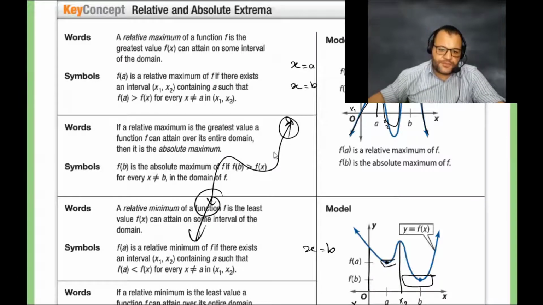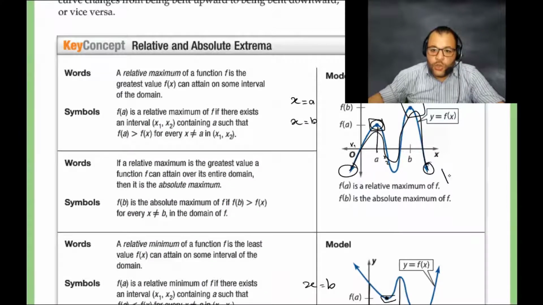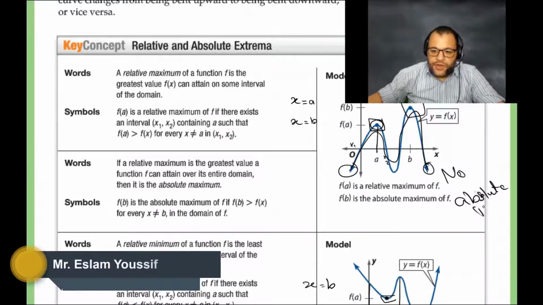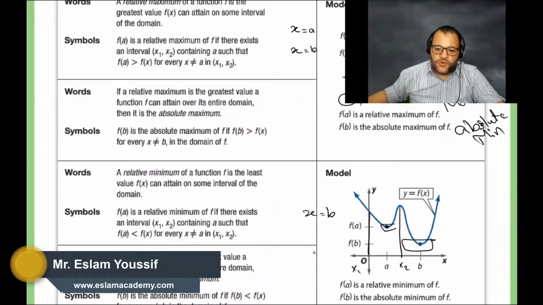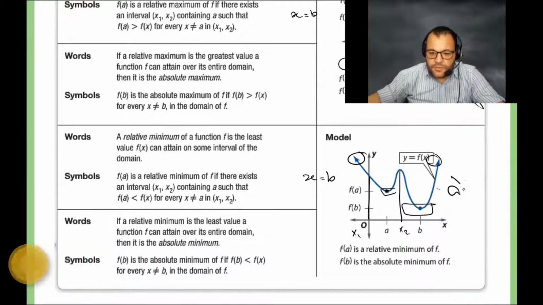Again, for the first graph here, the two end behaviors are going down. It means there is no absolute minimum. But for this one, the two end behaviors are going up.